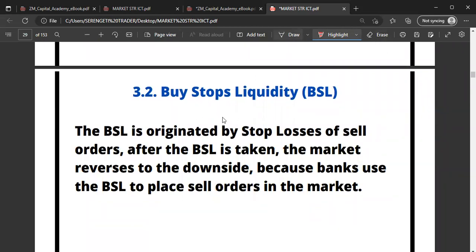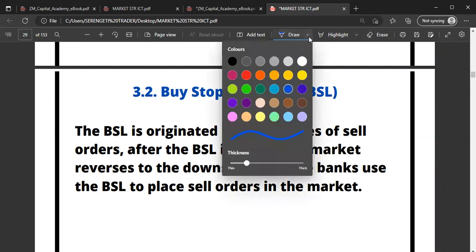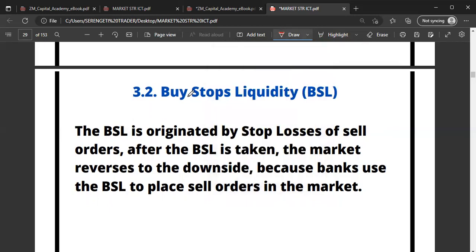A buy stop liquidity is originated by stop process of sell orders. When you see people are preparing to sell, a lot of people are preparing to sell, that is what we call buy stop liquidity. So when you see people are preparing to sell, we actually have to know that that is a buy stop.